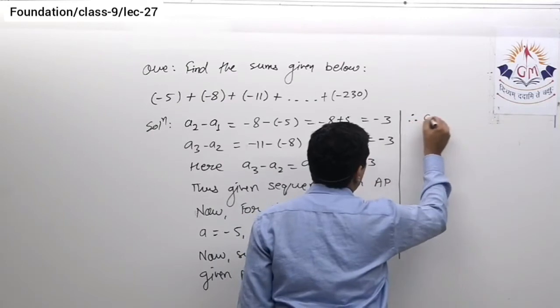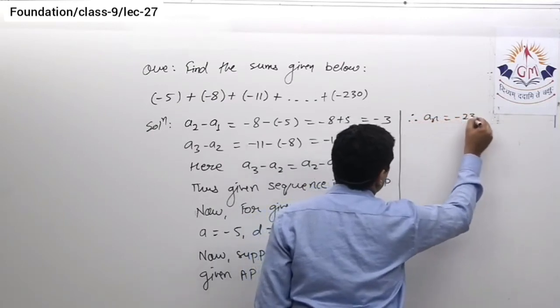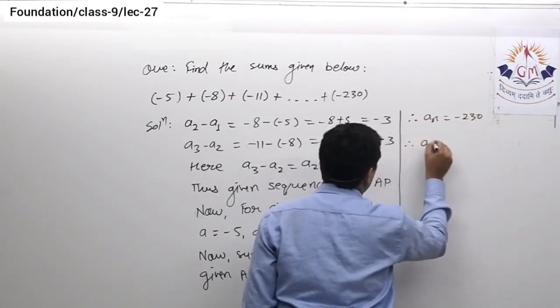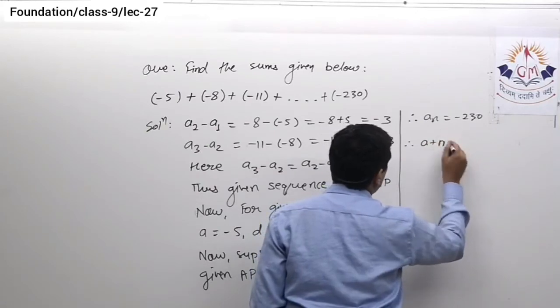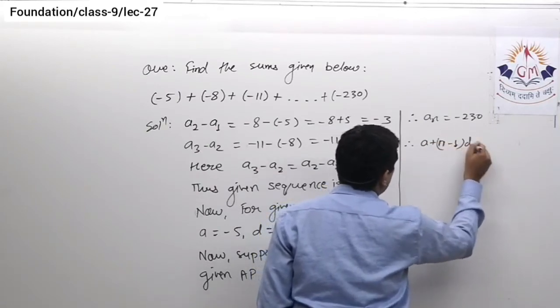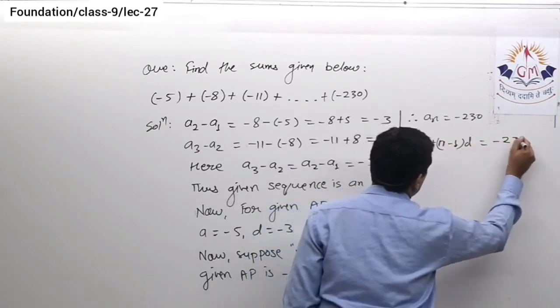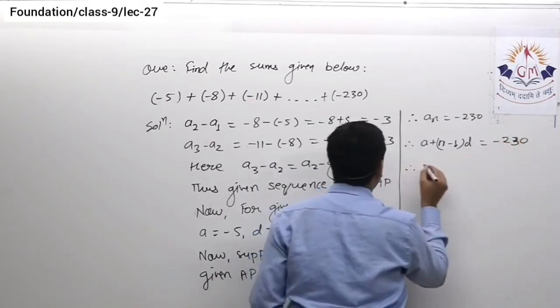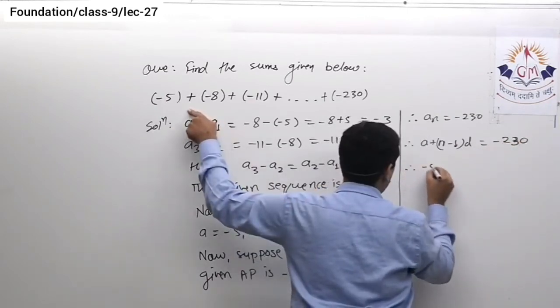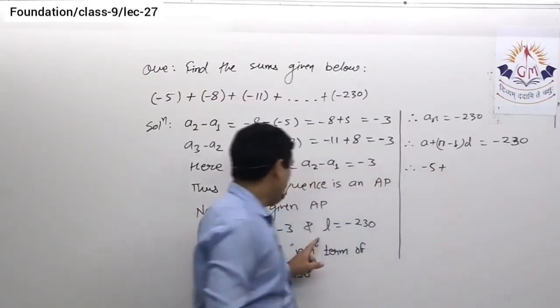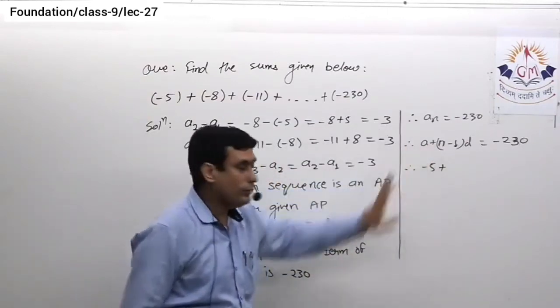Therefore an is equal to minus 230. Therefore a plus n minus 1 D is equal to minus 230. Now a is minus 5, plus the number of terms that we are going to find.